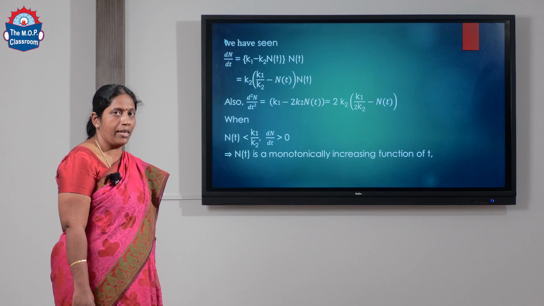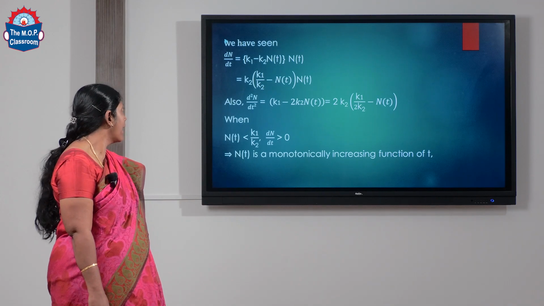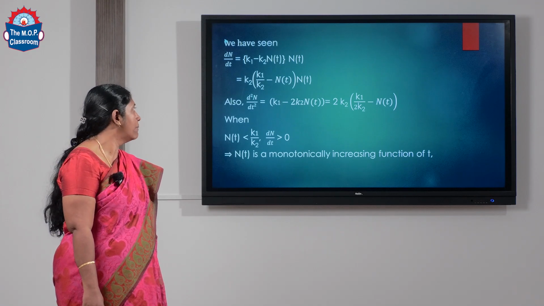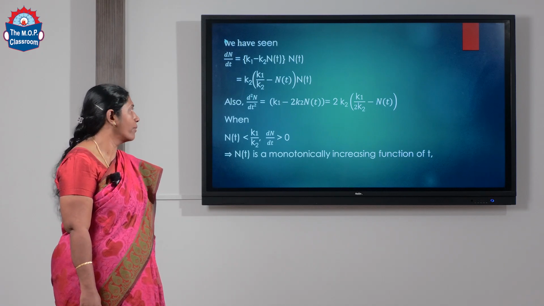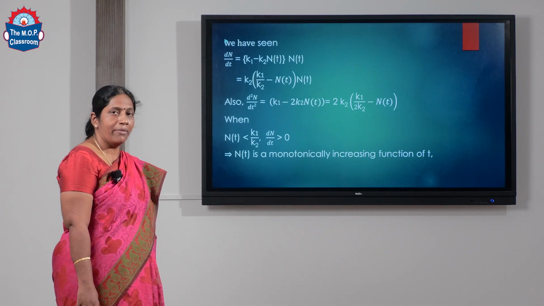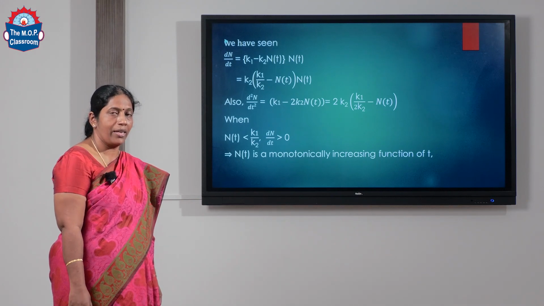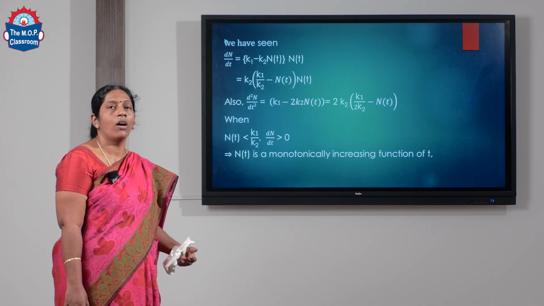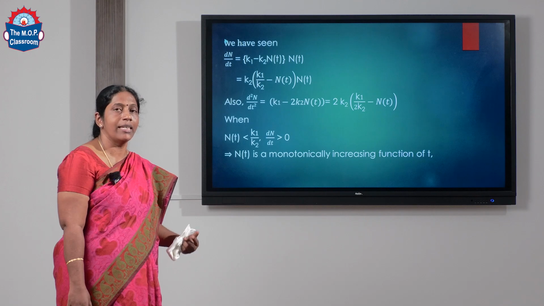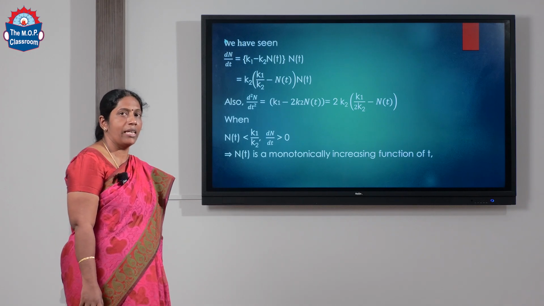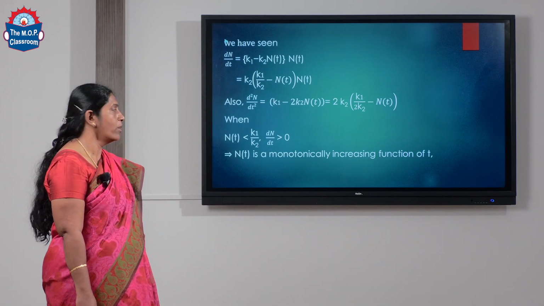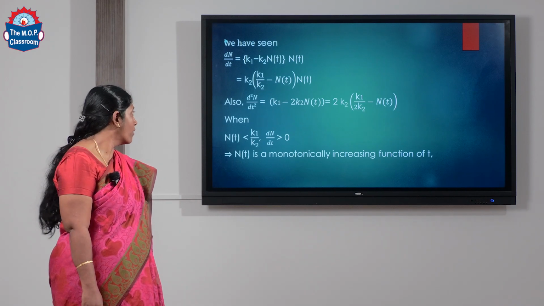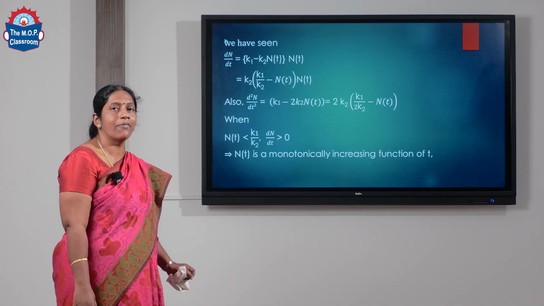And as we can see, the second derivative d square N by dt square is equal to 2K2 into (K1 by 2K2 minus N of t). Now from these two derivatives, we can discuss that the shape of the population growth curve is sigmoidal. When N of t is less than K1 by K2, dN by dt is greater than 0, which shows that N of t is a monotonically increasing function of t.